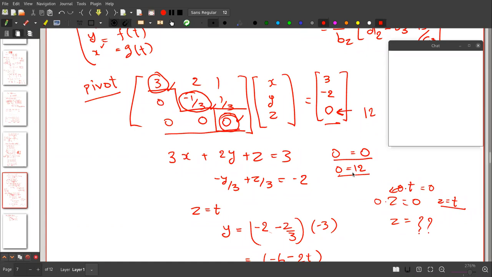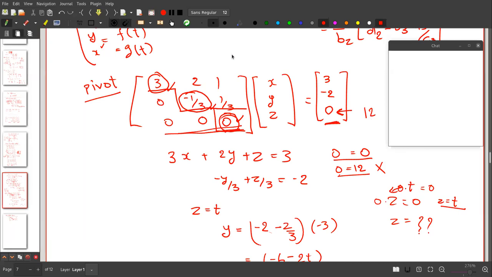Is this clear? 0 equals 12. If I get 0 equals 12, it means it's inconsistent. How can 0 equal 12? It's wrong. So if I get some row of zeros and the corresponding value is non-zero, that is wrong.